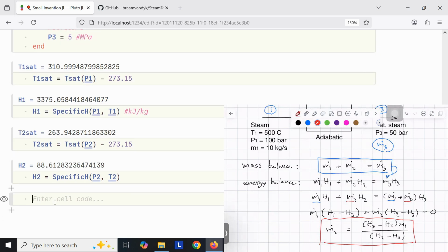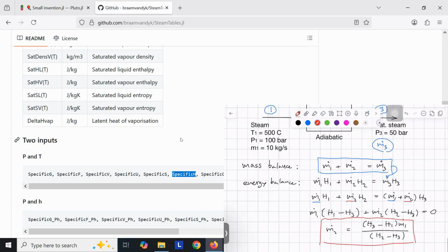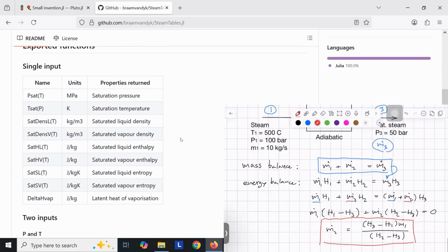For stream number 3, which is saturated, if you go back to the code here, for saturated vapor, saturated steam, this is saturated vapor enthalpy. We will need this command, sathv. However, this command accepts temperature, not pressure, but we only know pressure. So therefore, we need to find temperature at given pressure first by using this command.